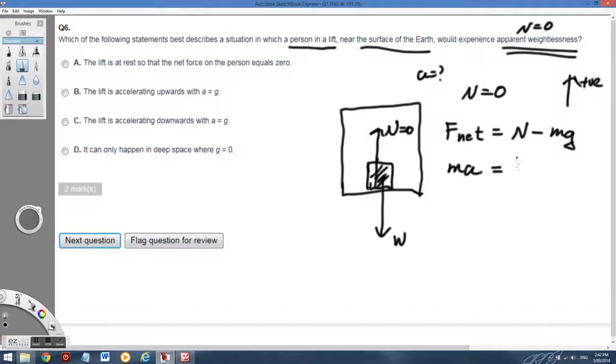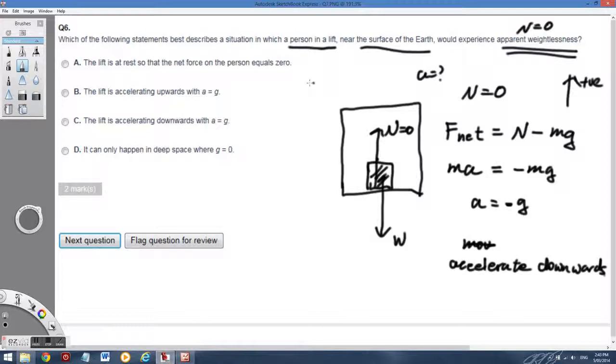So with the normal force being 0, 0 minus mg equals ma. The mass cancels out. My acceleration has to be minus the gravity. So basically it means it has to accelerate downwards. This must be your answer: down.